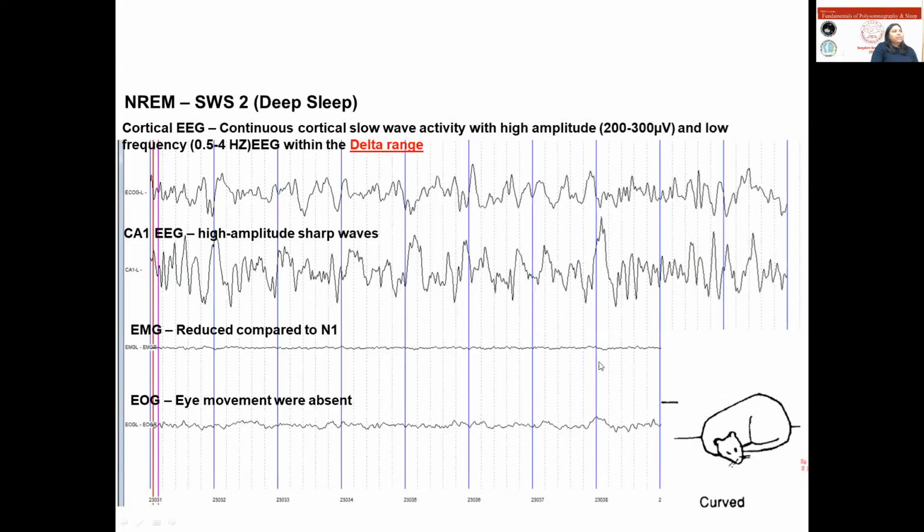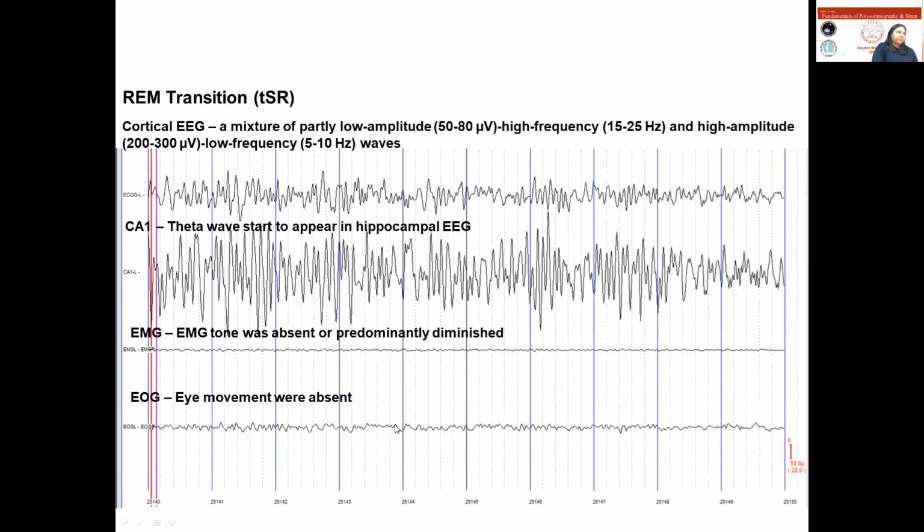When it moves on to the non-REM S2 stage, in the cortical activity we see delta range oscillations with high amplitude and 0.5 to 4 Hertz frequency. It's similar with EEG in hippocampus. EMG is comparably reduced in comparison to the S1 stage, and eye movements are also absent.